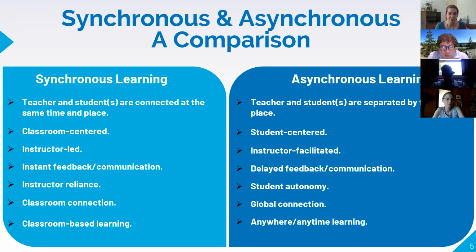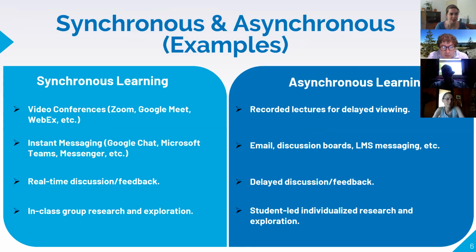So looking at this a little bit more technically, as for examples of what would be synchronous and what would be asynchronous, you've got video conferencing, like I mentioned, would be a synchronous version. To make that asynchronous, you could record a lecture for delayed viewing or quick videos. We've talked a lot about making those quick self-recorded videos, so that would fall into that category.